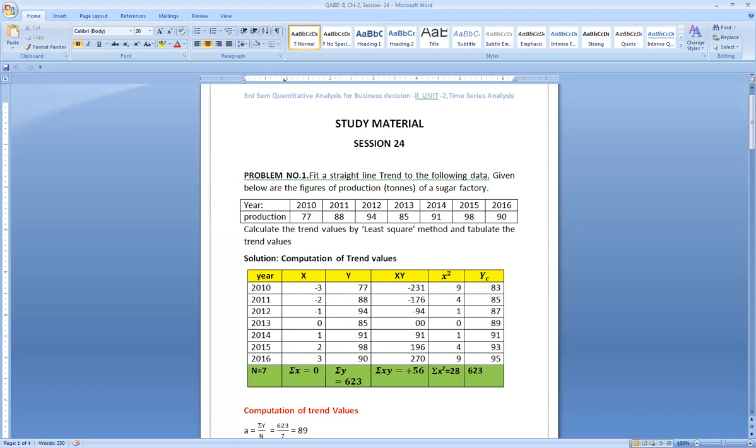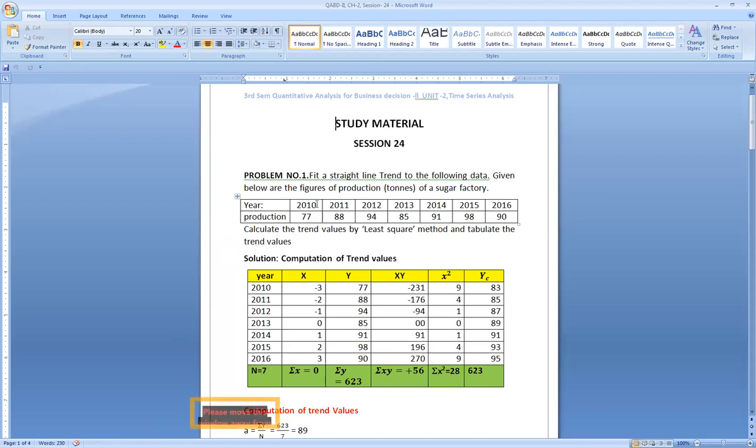Let us see the question, which is regarding the calculation of trend values. Fit a straight line trend to the following data. Given below are the figures of production of a sugar factory. One column is given with the years 2010, 11, 12, 13, 14, 15 and 16. So for how many years?